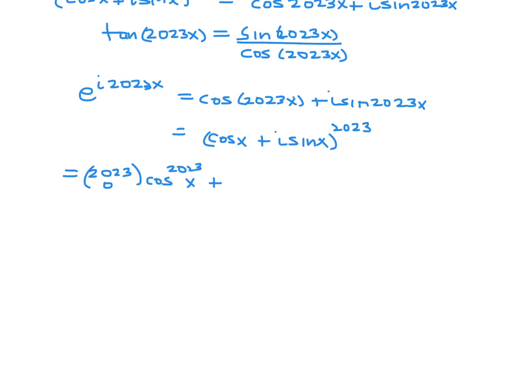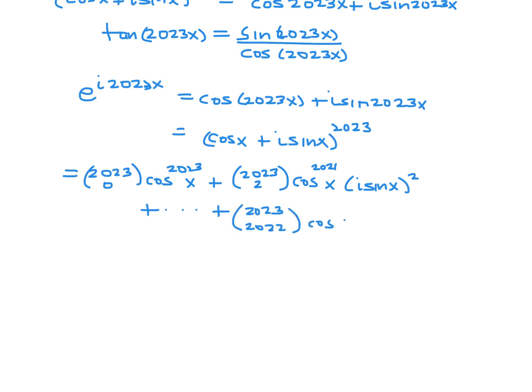Well, the very next one would be 2023 choose 2, cos of x to the 2021, and then that's going to have an i sine x all squared, and then eventually you get to 2023 choose 2022, the cos of x, and then the i sine of x all to the 2022.